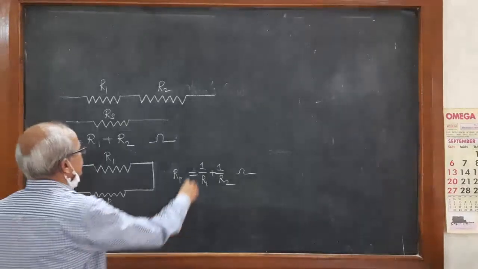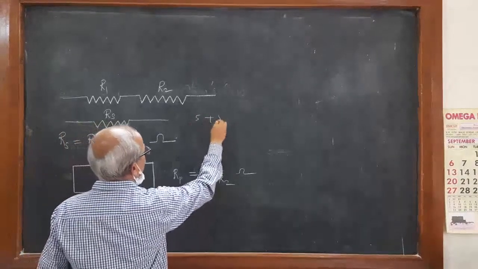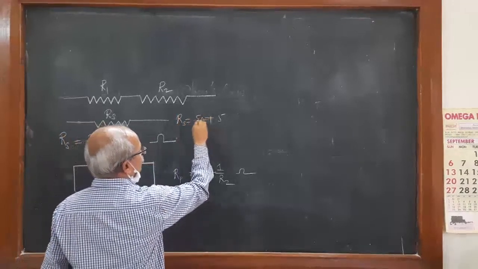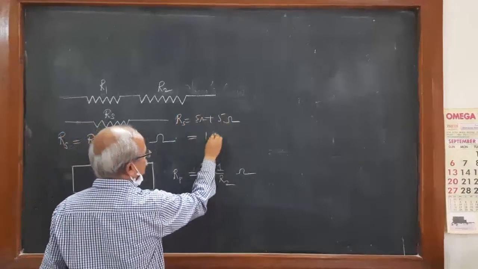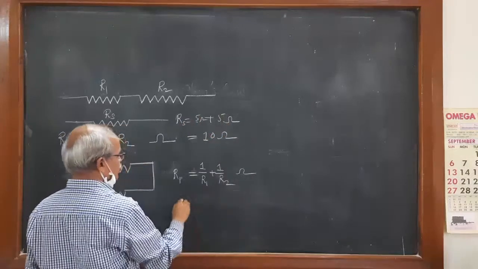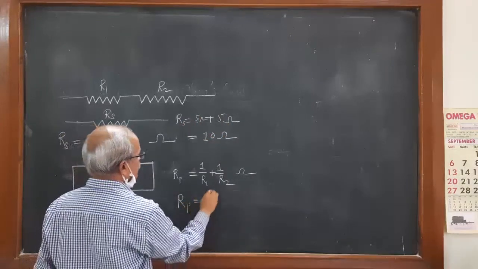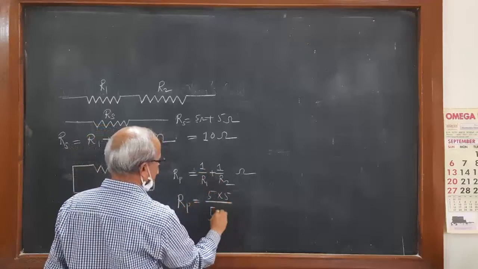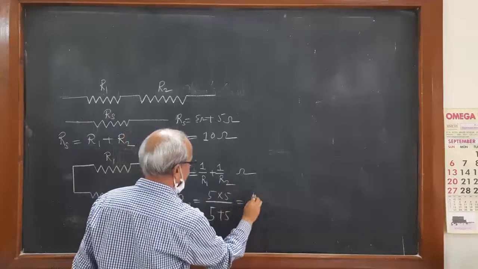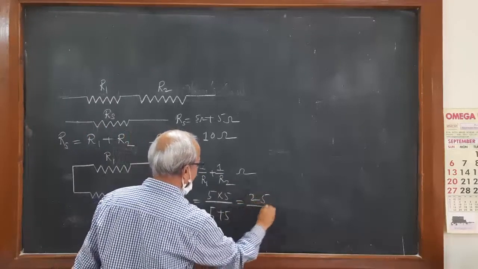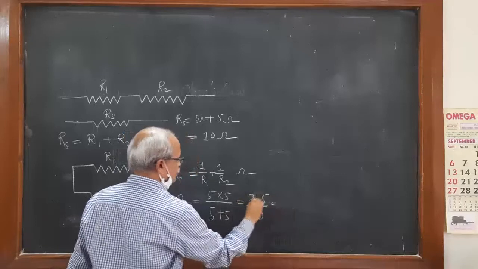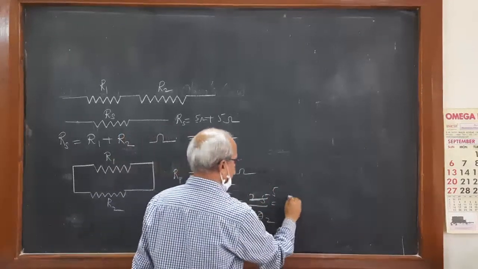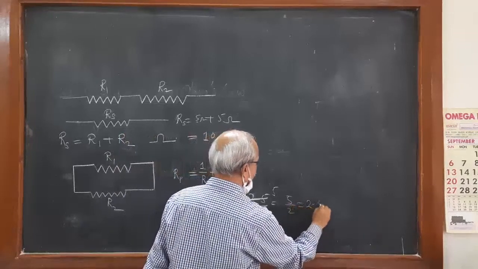Suppose here it is 5 ohm plus 5 ohm, it is 10 ohm. And if you calculate Rp, it is R1 R2 divided by R1 plus R2, that is 25 divided by 10, which is 5 divided by 2, that is 2.5 ohms.